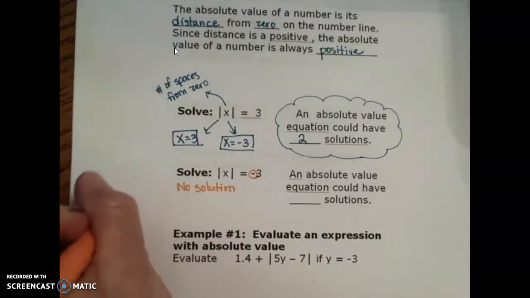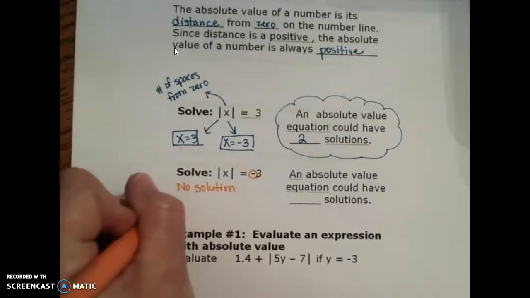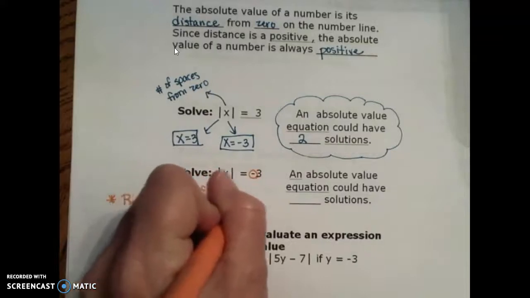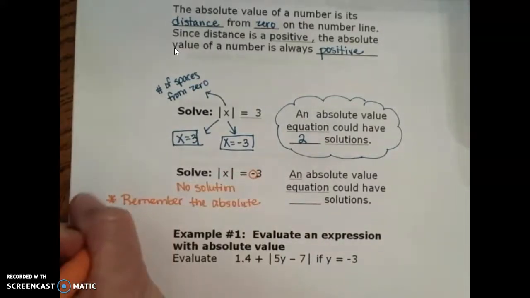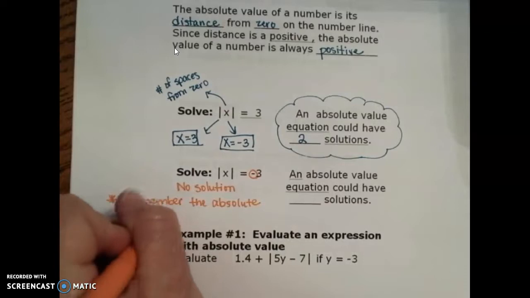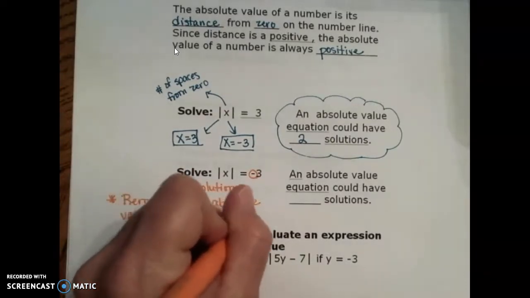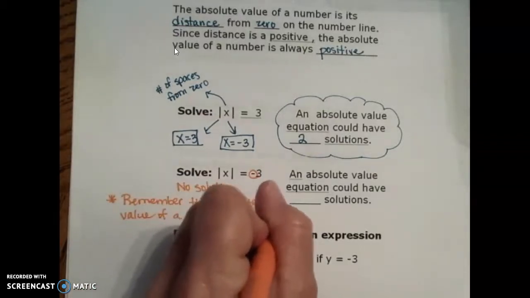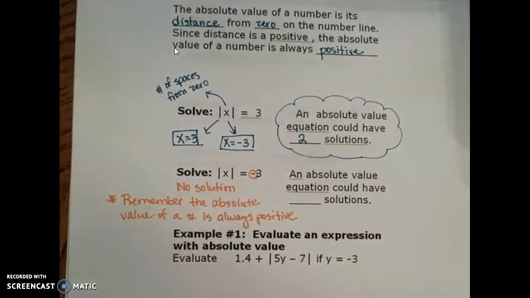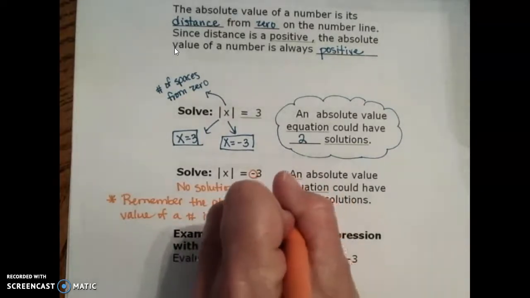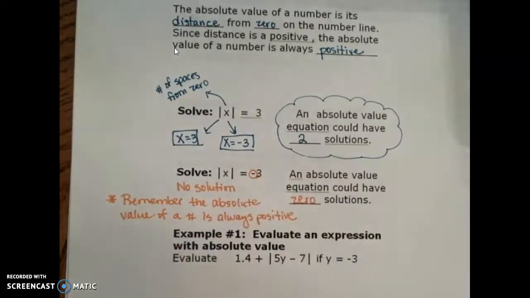And I'm just going to put, remember, the absolute value of a number is always positive. So in this case, an absolute value equation could have 0 solutions.